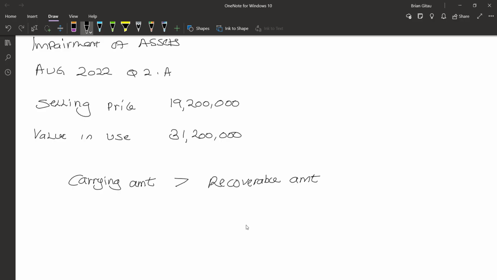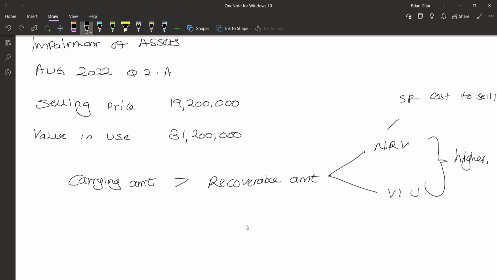Now, for the recoverable amount, we compare two things: the net realizable value and the value in use, and we take the one that is higher. The net realizable value is the selling price less the cost to sell.